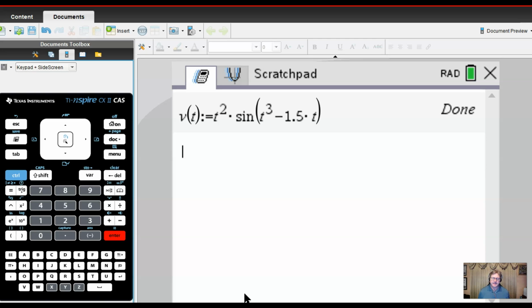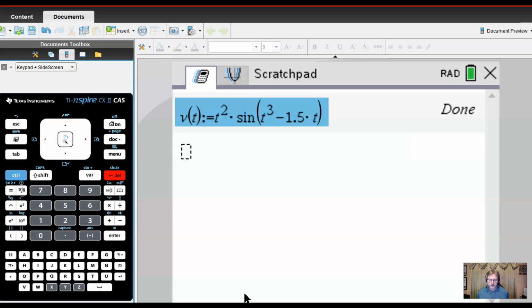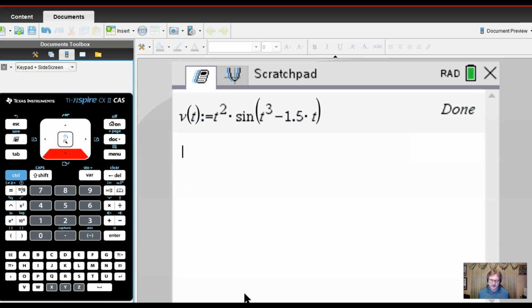In fact, if I were to type in the letter v, we can see that it's bold, non-italicized, which means I could figure out values. If I wanted to plug 2.4 in for t, I'm going to get an answer. And so it's a little bit more convenient, and it's always going to stay in our calculator.